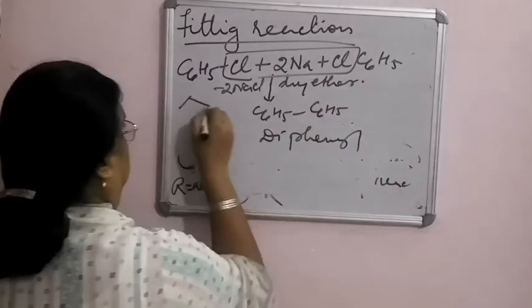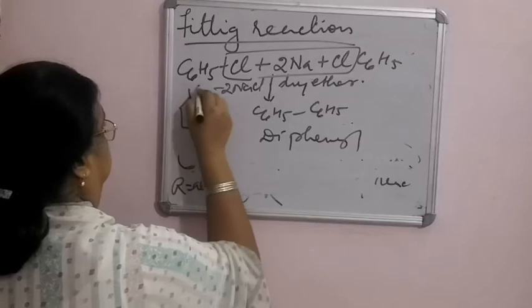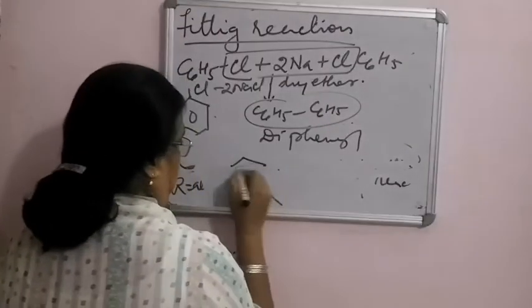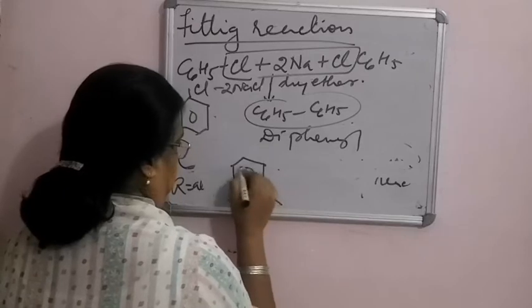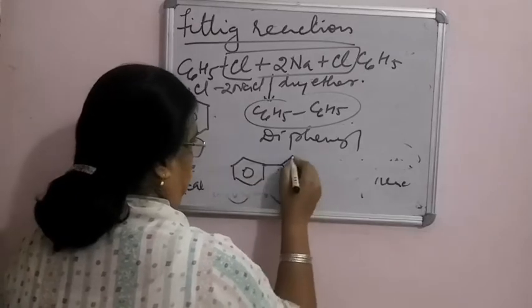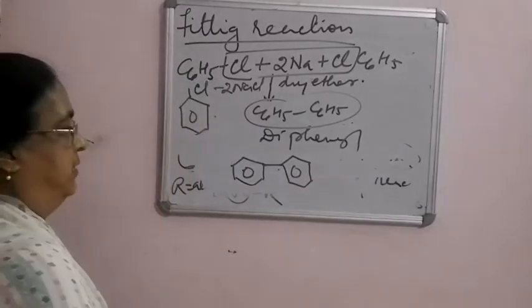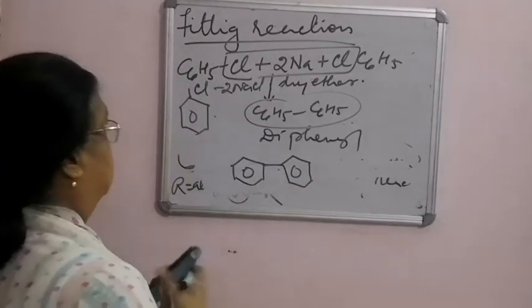Chlorobenzene here, also chlorobenzene here, so you will have diphenyl.